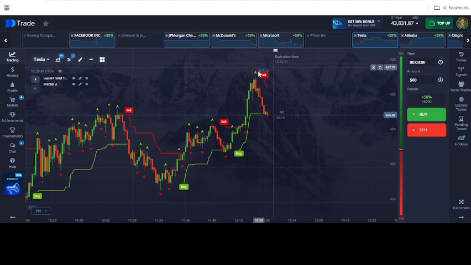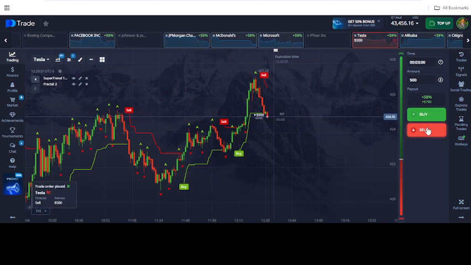We have the fractal here and the sell signal. All right, so I just took a sell trade here.